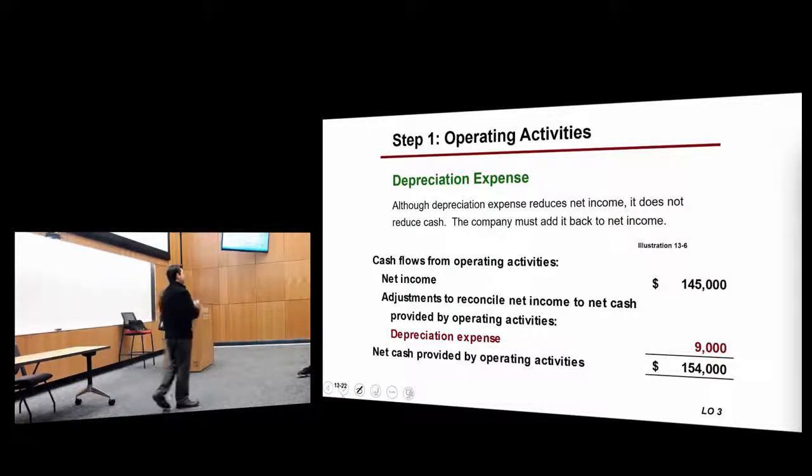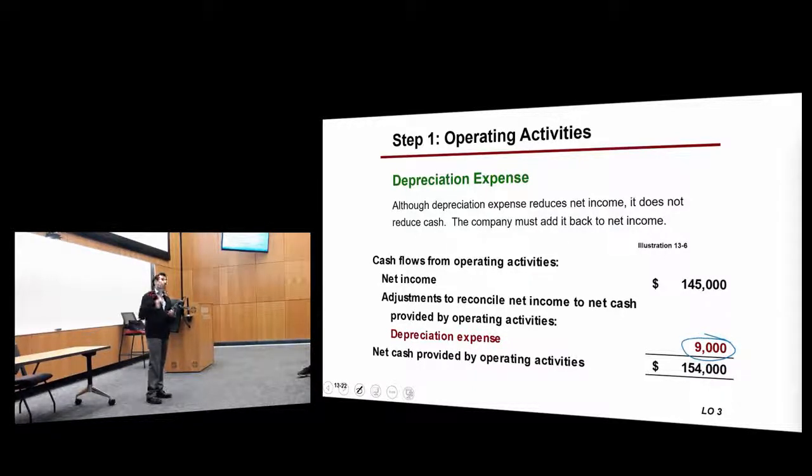You add it back. That's a virtual expense. It was a non-cash expense. It was an expense recognized by the company, but it was not paid in cash. As a result, when we think about it in cash, it did not happen. You have to remove it. How do you remove it? You add it back. So you add this amount.